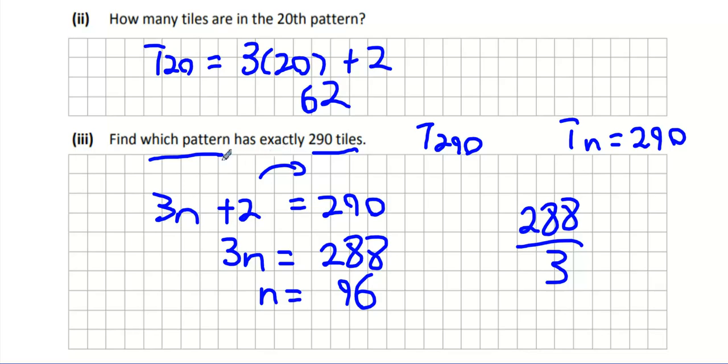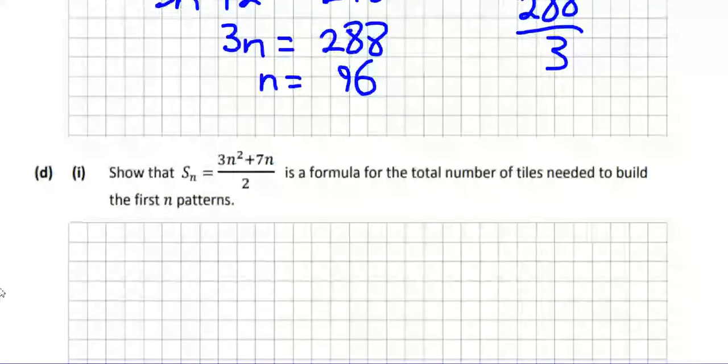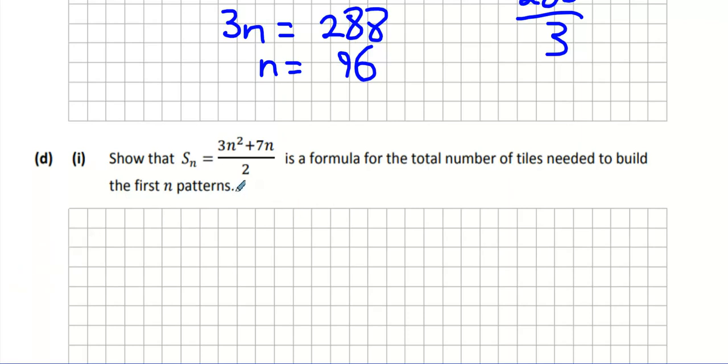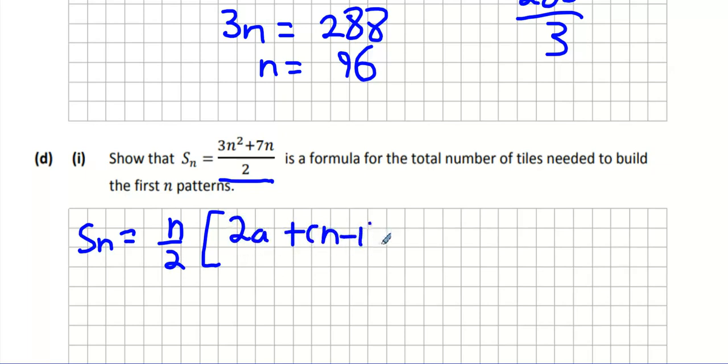Now, we're going on to the Sn formula. Show that the Sn formula is this. Once again, you go to your tables and you go Sn equals what? n over 2 into 2a plus (n minus 1) times d. We've already agreed that d is 3, and we already agreed that a is 5.